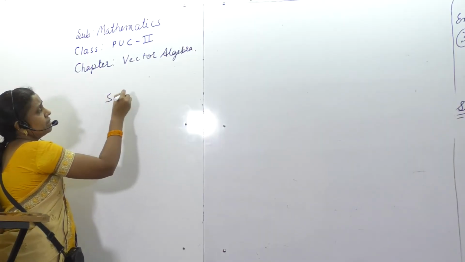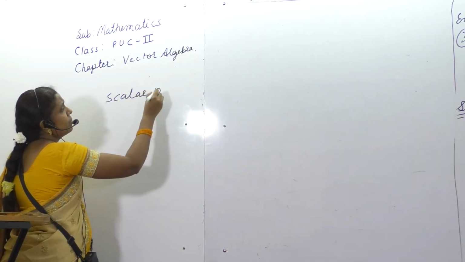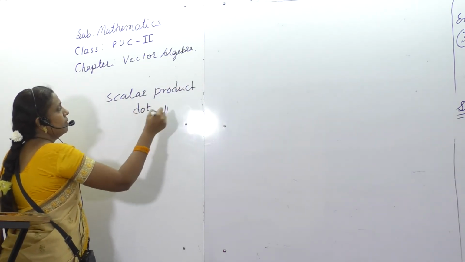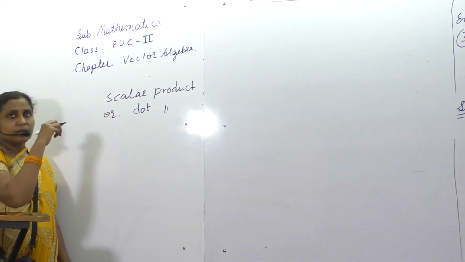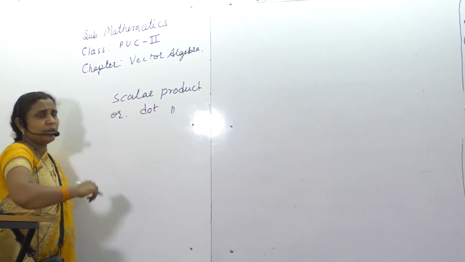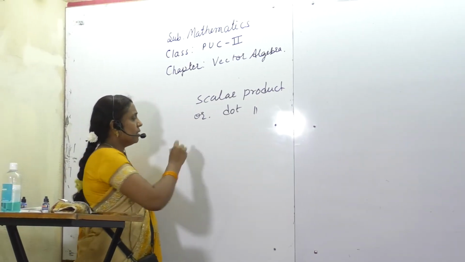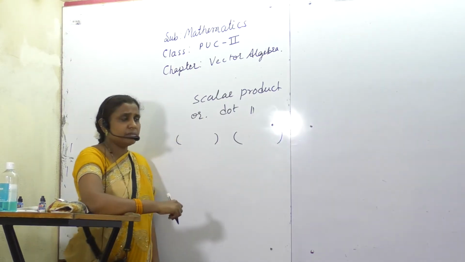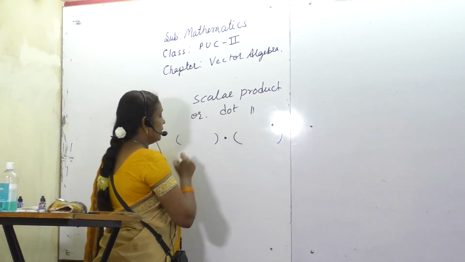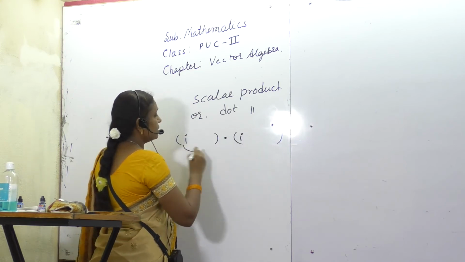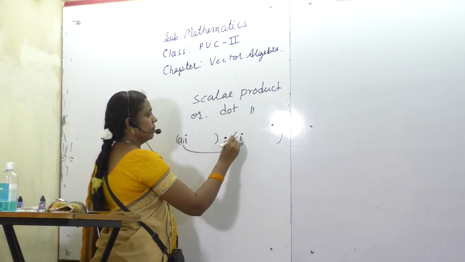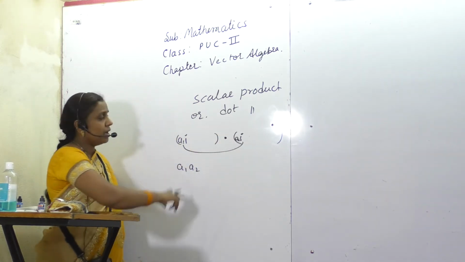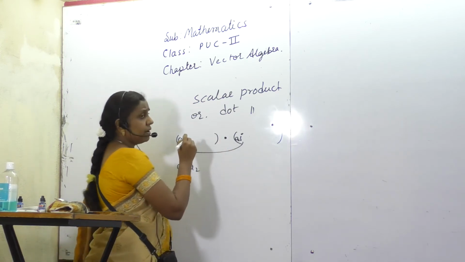Students, we already had studied scalar product or dot product. What kind of simplification are we performing in this? Scalar product means one vector will be given in terms of ijk, another vector will be given in terms of ijk. Dot product means dot will put, I to I will attach and we will be multiplying. So a1 into a2. I dot I is 1. I dot j, I dot k turns to 0.